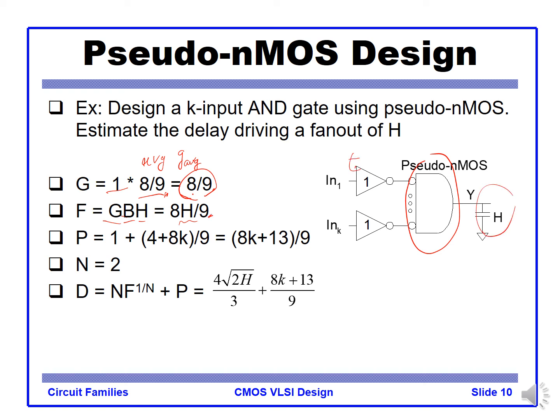The parasitic delay for the inverter is 1, and for the pseudo NMOS it is the average for K inputs. We have the overall equation like this, and the number of stages is 2. Finally, the minimum optimum delay would be N stages times the Nth root of F plus P. Then finally what you get is this kind of equation.